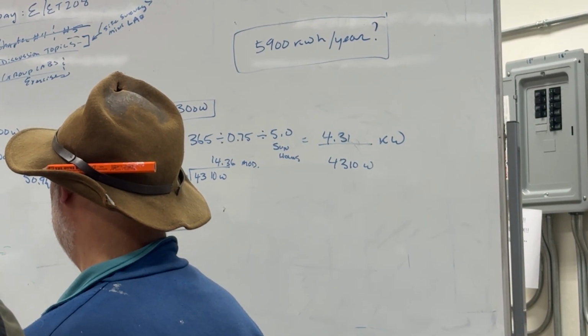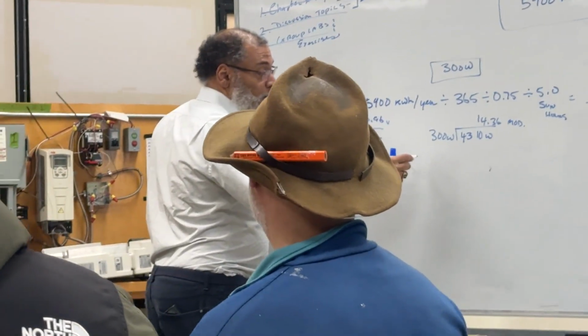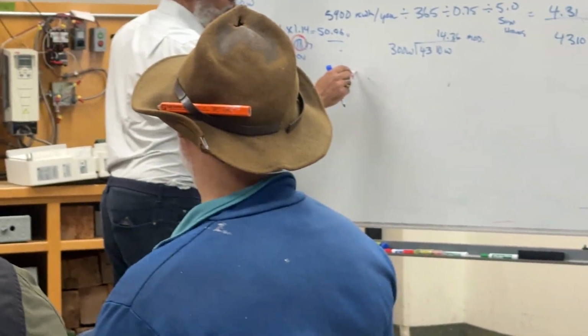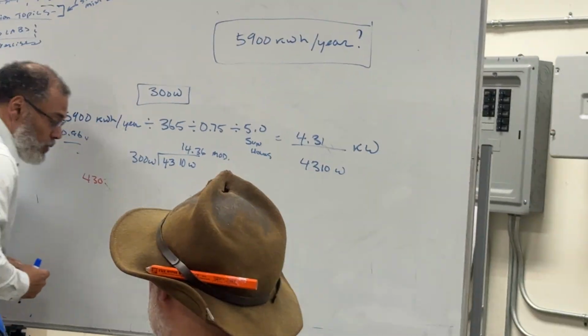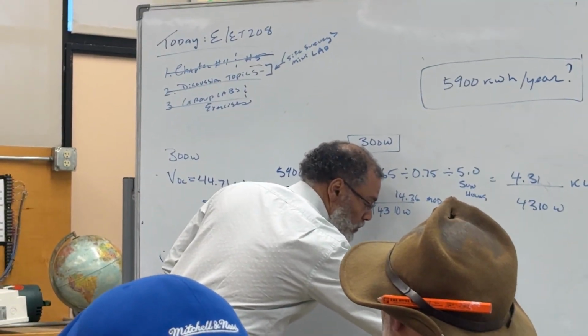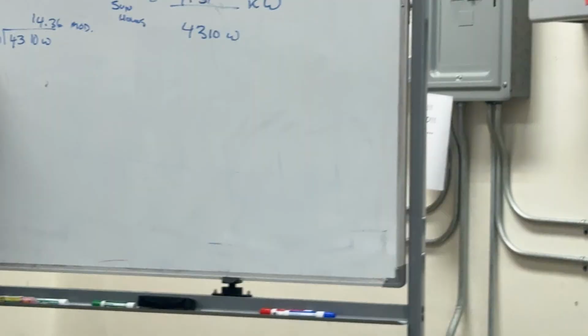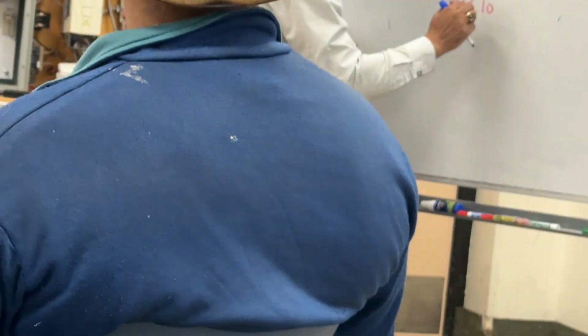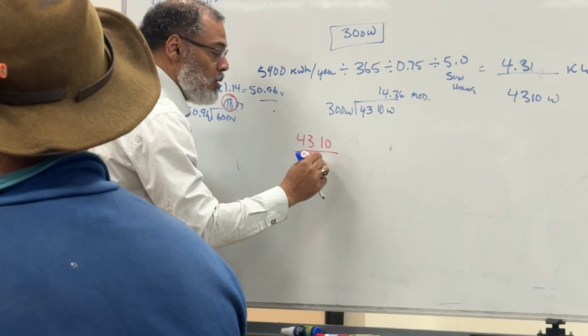The reason I said we'd be okay with a 4,000 watt inverter is because it's 4,300, or 4,310, divided by 4,000.